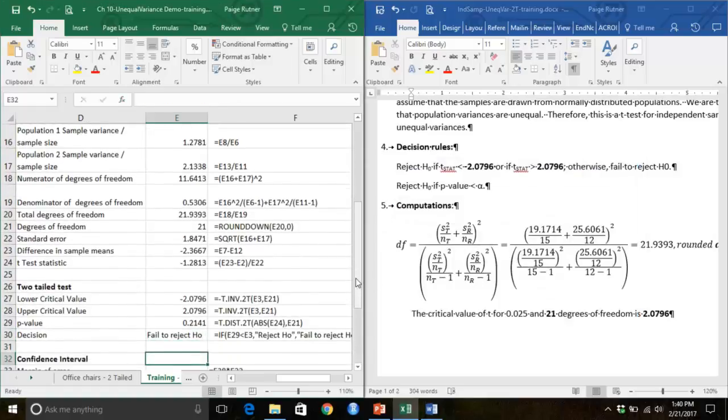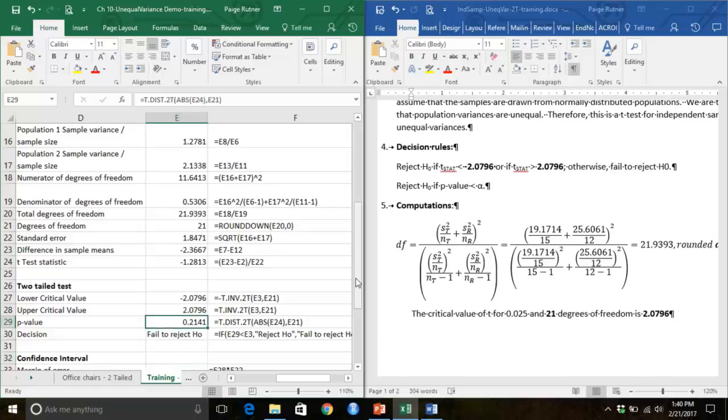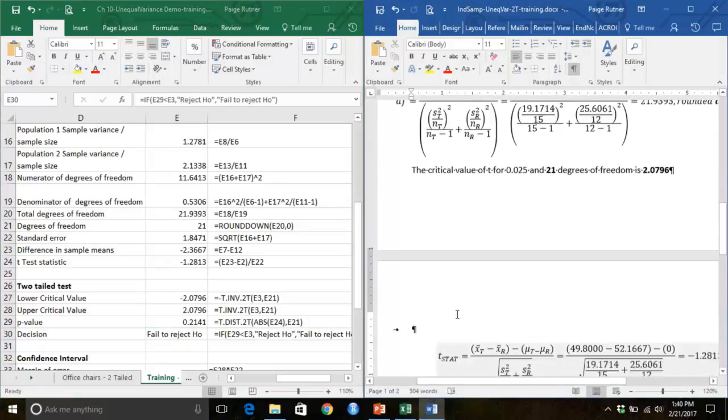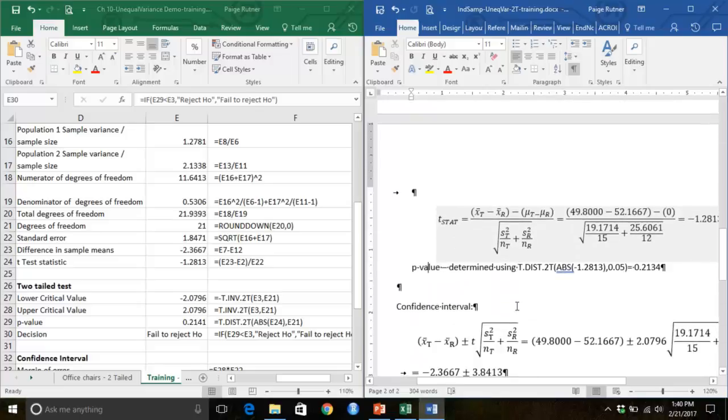I can verify my results there and see that sure enough, we're getting fail to reject coming up.